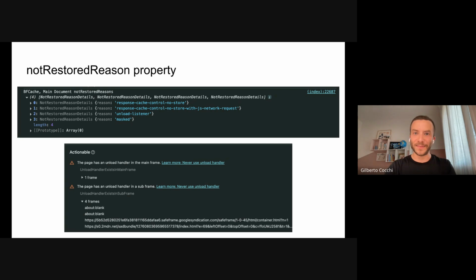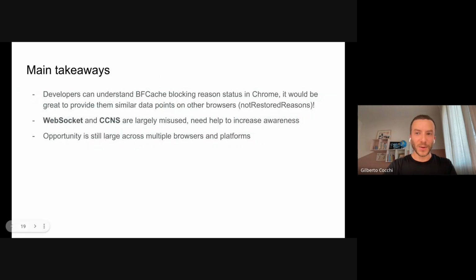So that's about it. As a takeaway, to summarize, I think that developers have recognized the value of BFCache, but it's a complex topic.